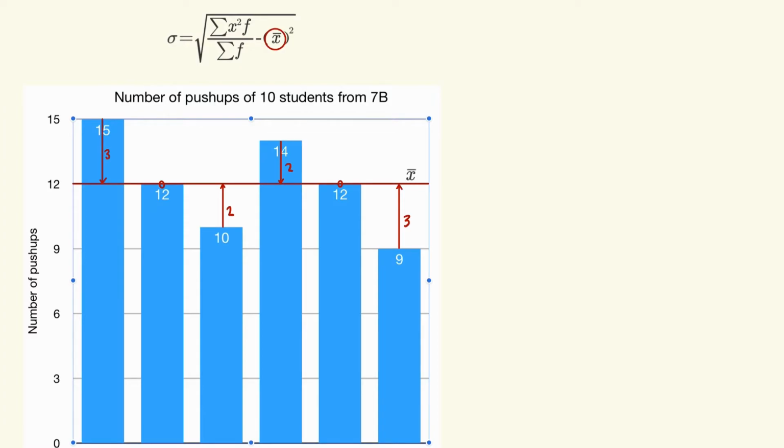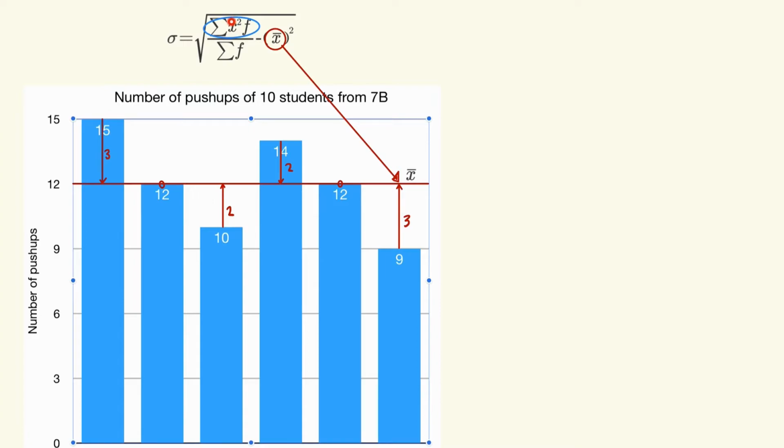And that is related to this line here in the graph, okay? So x bar is what we call this symbol, x with a bar at the top. That's the mean. It's the mean number of push-ups in this example, and it's demonstrated with the line that goes across, right?